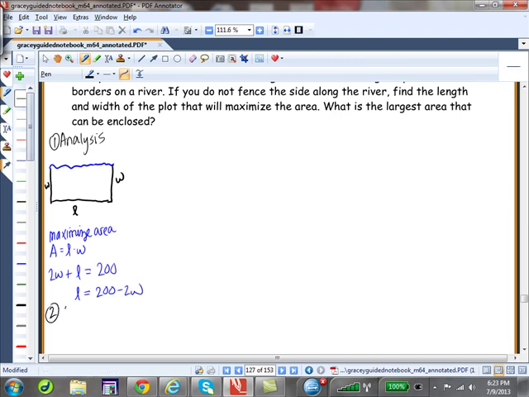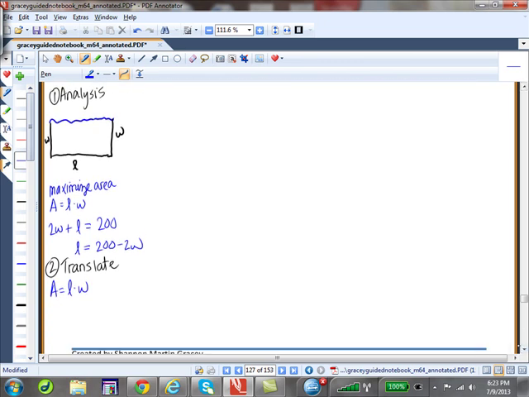Okay, so now if we go ahead and translate this, again, we've got this area was equal to length times width.